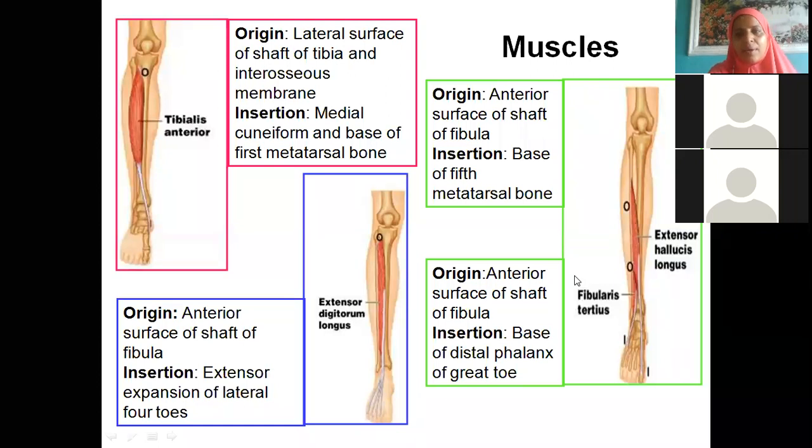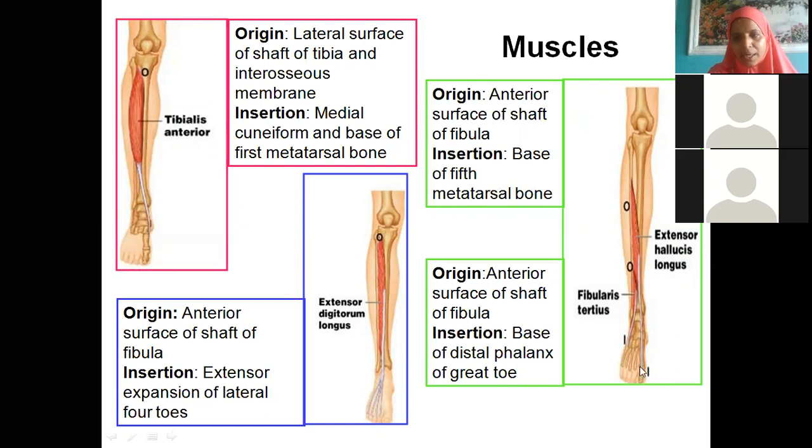Then we have hallucis. Hallucis means what? It goes to the big toe, right? Origin is the anterior surface of the shaft of the fibula, and it inserts to the distal phalanx of the great toe.